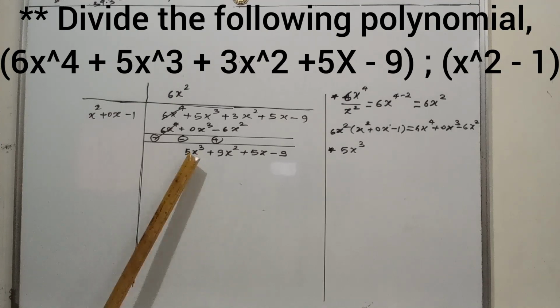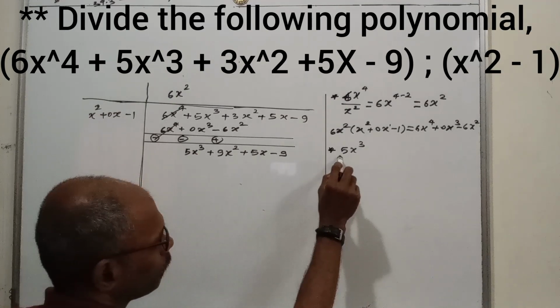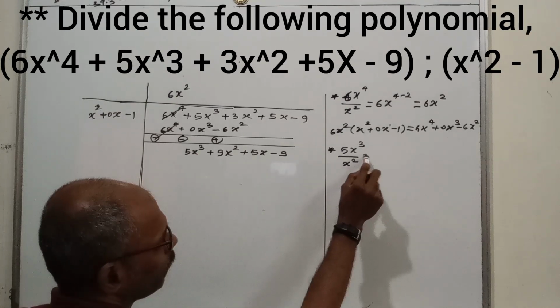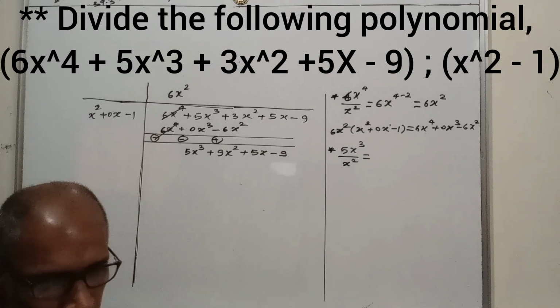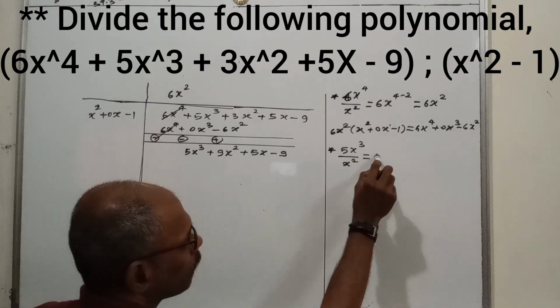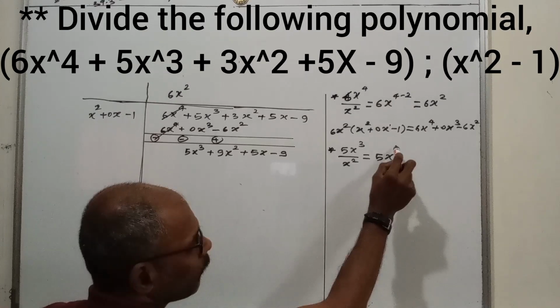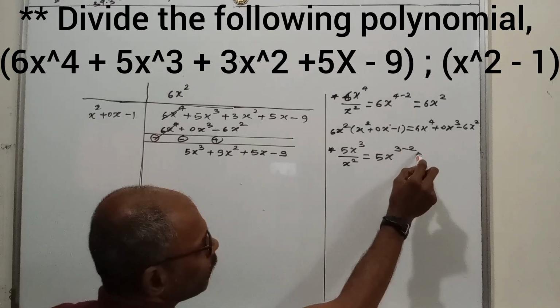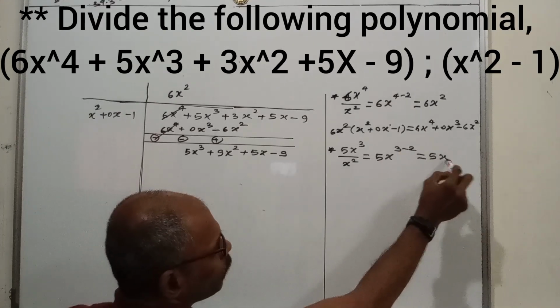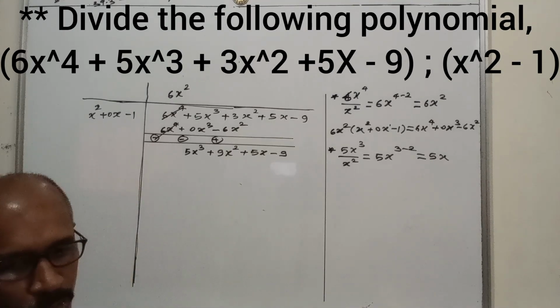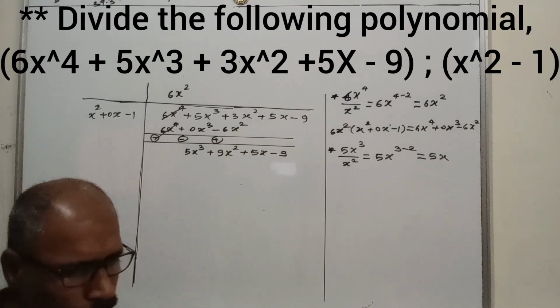Now take this 5x cube, first term. Therefore 5x raised to 3 minus 2, very good, 5x raised to 1. There is no need to write 1.